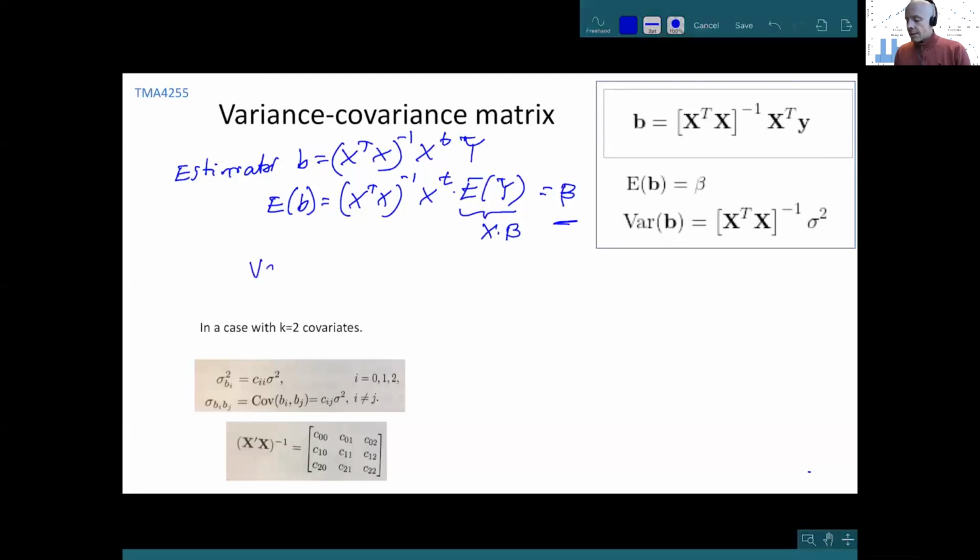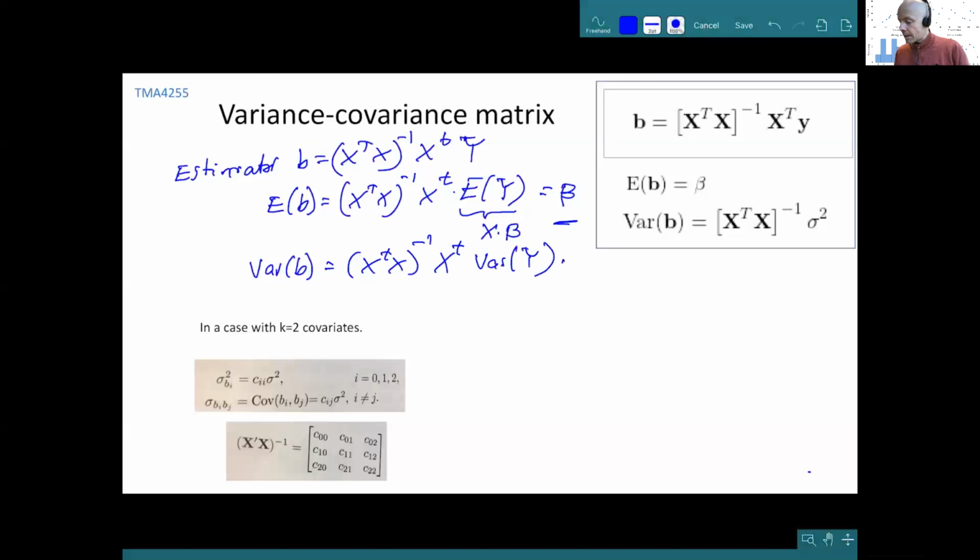The variance of b is slightly more complicated, especially when we write it in this vector matrix form. So usually when you take variances, you take a constant outside and you square it. But when you have vectors and matrices, you take the matrix outside, but then you also transpose it and put it on the other side. So if we do that here, we get x transpose x inverse x transpose, and then the variance of y.